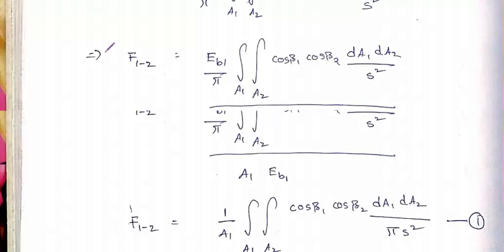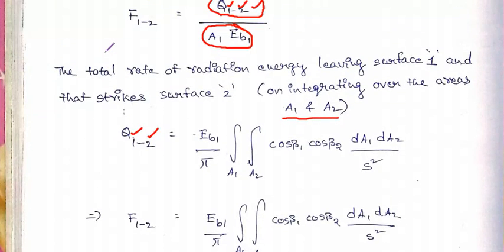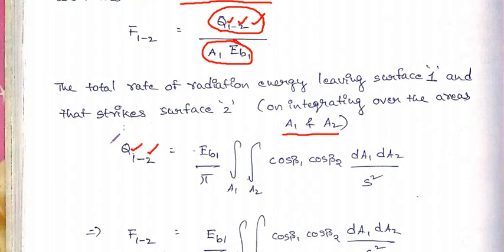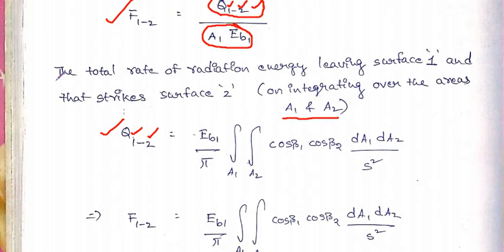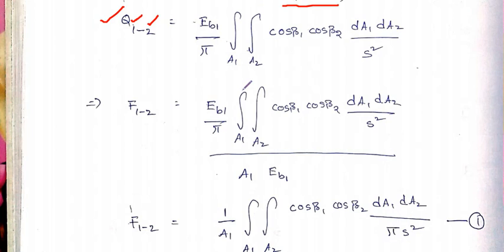Now we will substitute this Q1 to 2 in the view factor F1 to 2. See here.